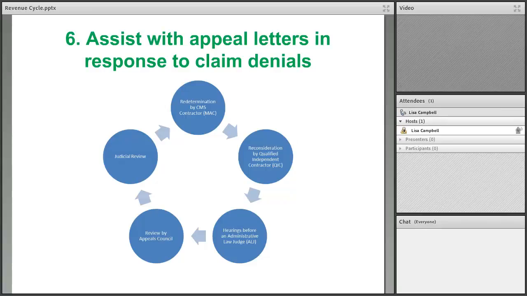Oftentimes, we can attach a Coding Clinic article that states, according to Coding Clinic 2008, fourth quarter, we need to code this service this particular way. We have supporting documentation, and we request that we be paid for the services as rendered and documented.